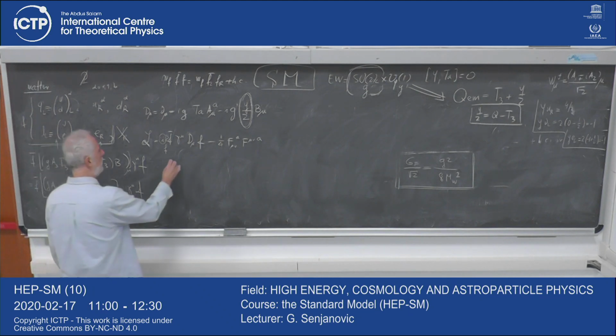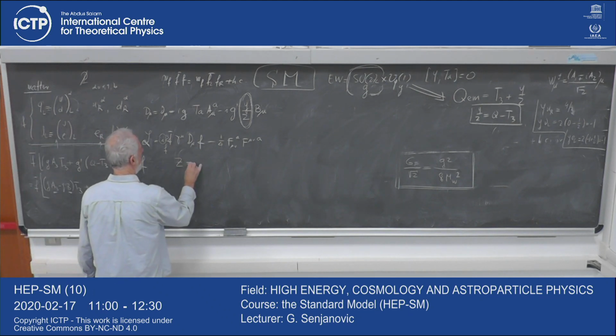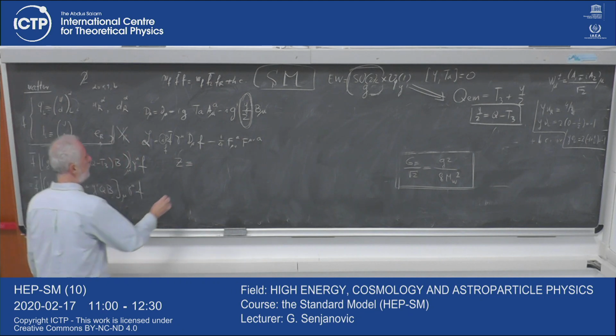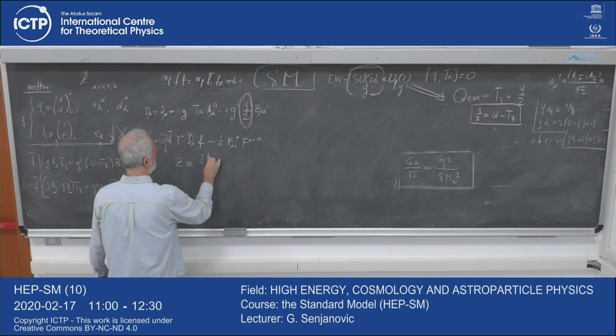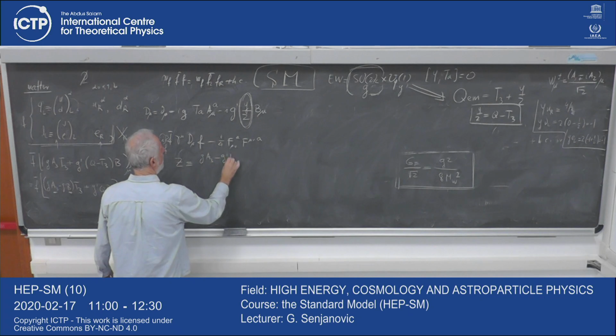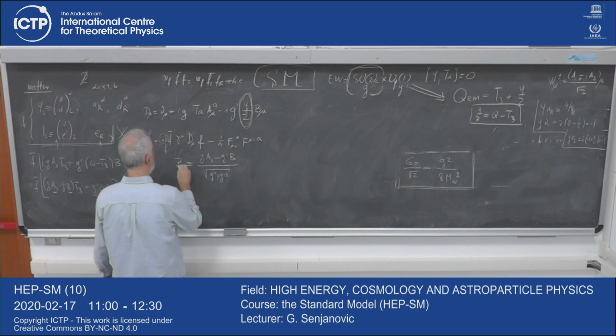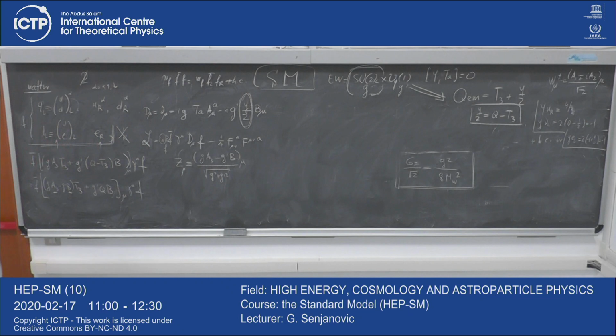We call it the Z boson. It's identically G A3 minus G prime B, and we normalize it. Put a mu index if you wish. I got it immediately. See, this is the beauty.